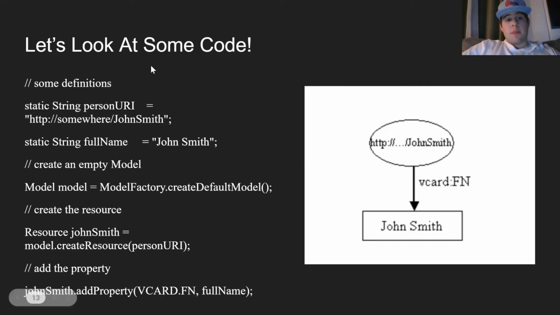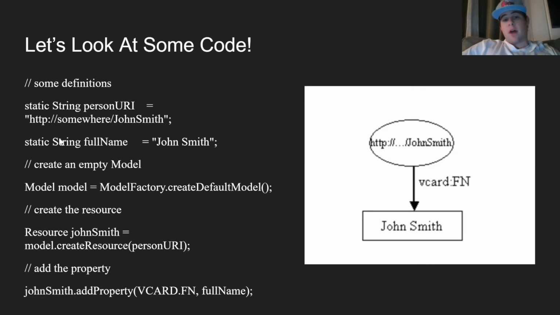So first thing we need to find is our URI, and we're just going to keep on with the theme of John Smith. So http://.../JohnSmith. Again, we're going through the lens of a web application. This would be on the front end of a web application where we would have this John Smith that would then open us up to the rest of these properties.